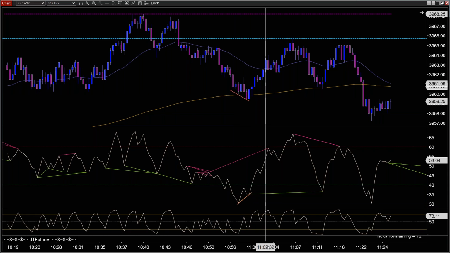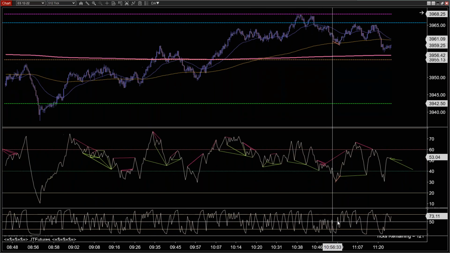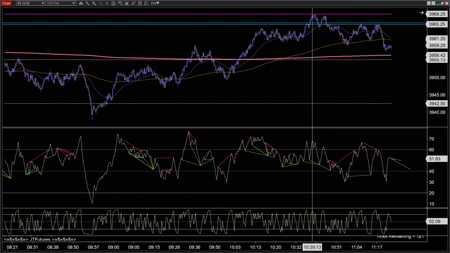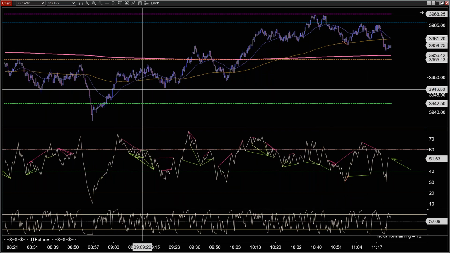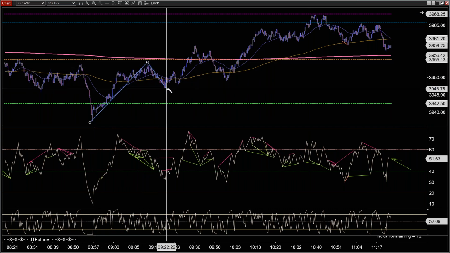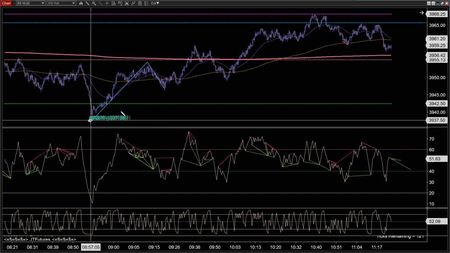Now, I don't know if there was a fib set up there because I did not prepare this, but essentially we had leg 2, leg 3, and then leg 4 up to the top. Again, I'm not an Elliott guy, but just from a visual perspective, you could make the argument we got a nice push, pullback to what looks like the 38. In fact, I wouldn't be surprised if that was the 38 right there.